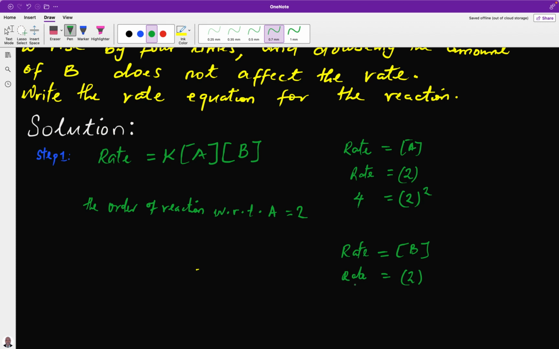Rate still remains the same. That is, rate is just equal to 1. It does not affect rate.